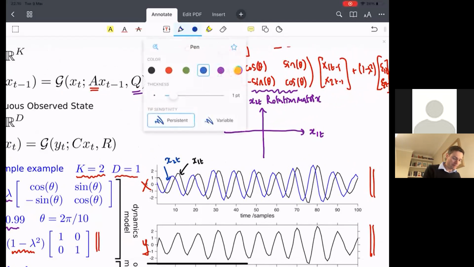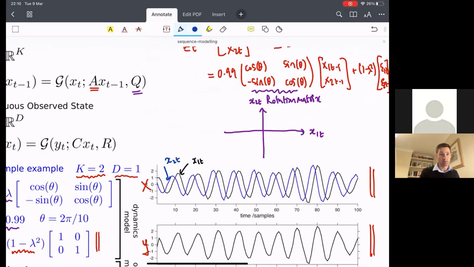And we can visualize what this rotation matrix is doing. If we describe our hidden state by a vector at time step, let's take it at xt minus 1. So this is the vector described by the hidden state at t minus 1, plotting out the two components of the vector as components of this phasor.